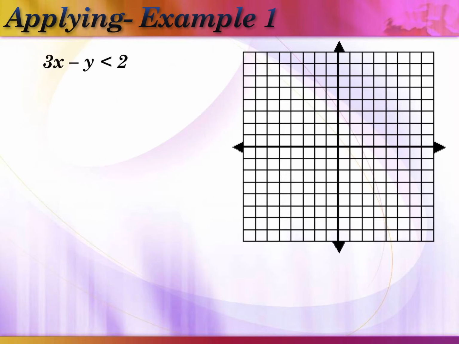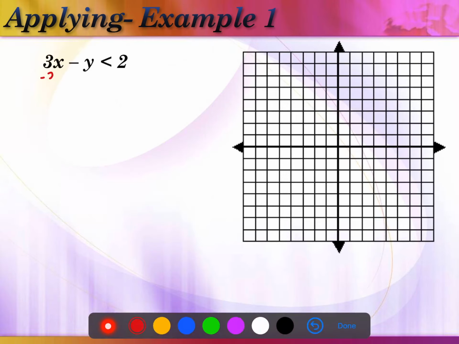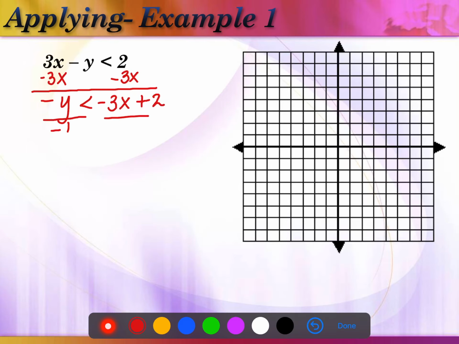Here's my first example. This is clearly not in slope-intercept form, so I'm going to move my x and divide in order to solve for y. Now, you have to remember inequality rules.